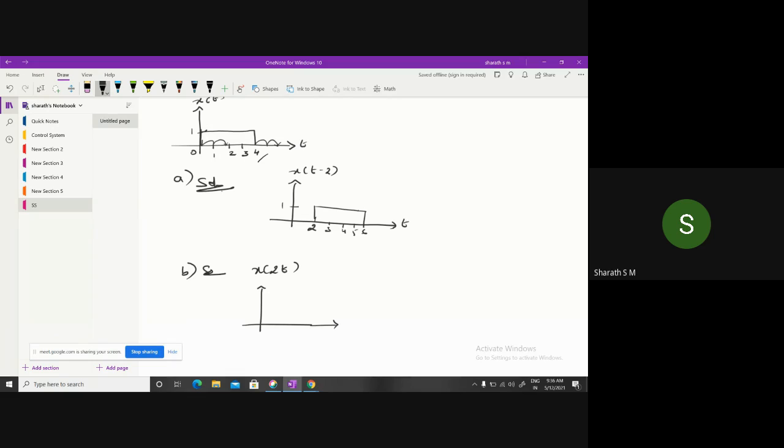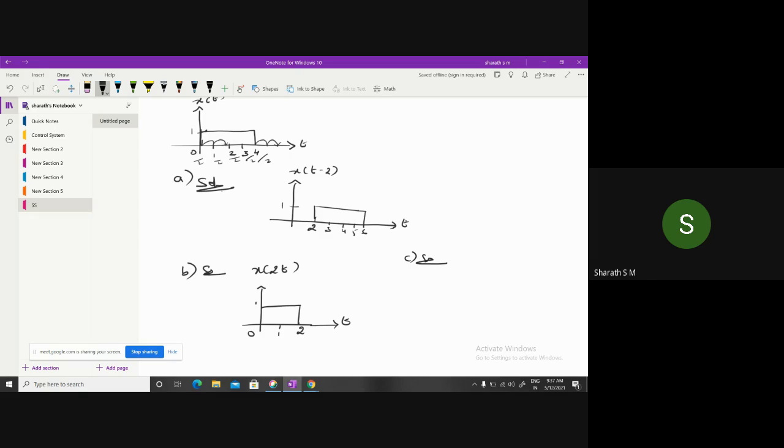So 4 divided by 2, 3 divided by 2, 2 divided by 2, 1 divided by 2, 0 divided by 2. So 4 divided by 2 is 2, and here it is 1.5, 1.5, and 0. So from 0 to 2, it will maintain the amplitude level as 1 only.